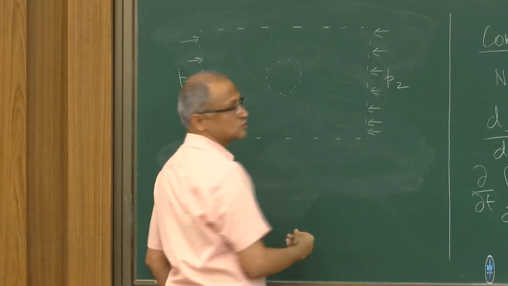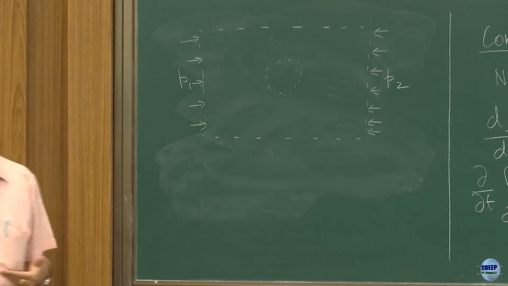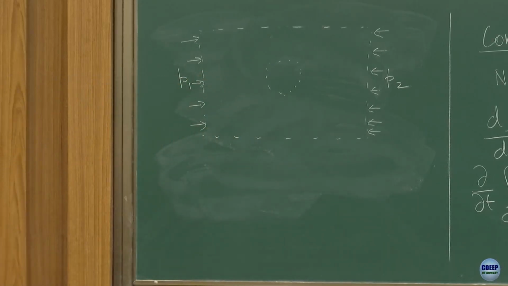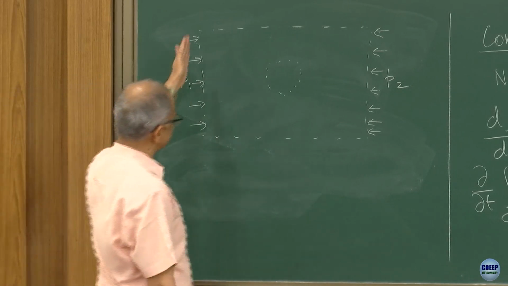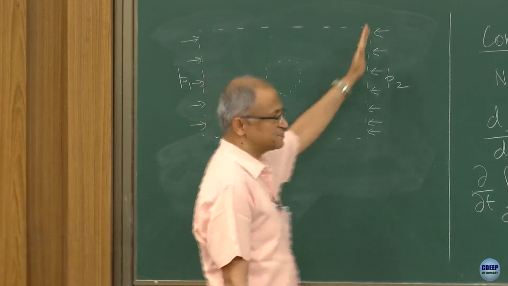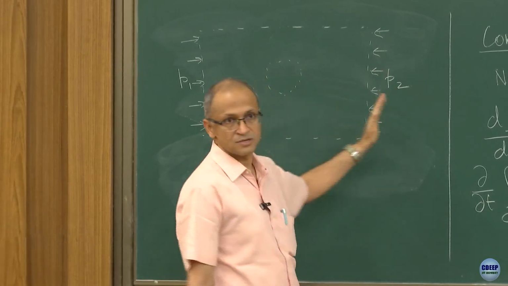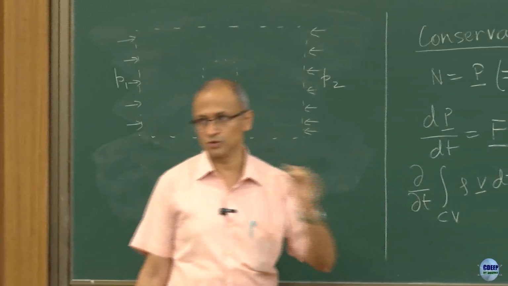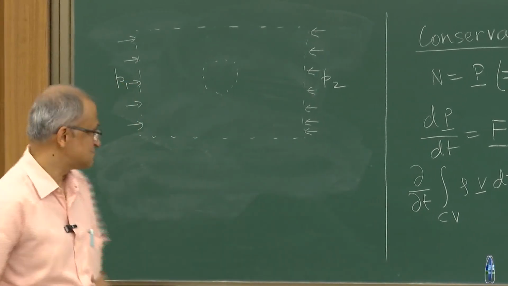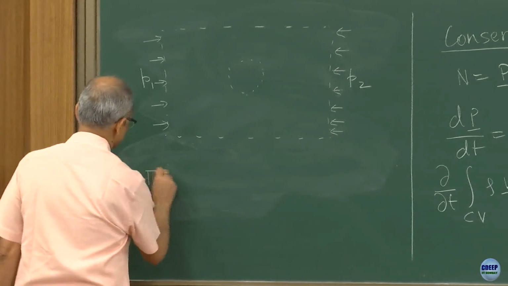Pressure we know is always a compressive force. P1 into this area minus P2 into this area will give us the pressure force that is going to act on this control volume. So first is my pressure force.